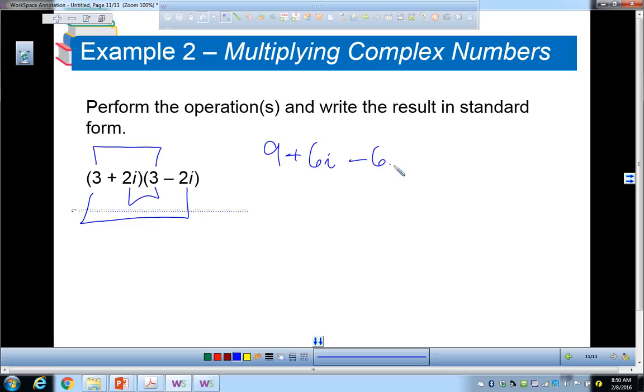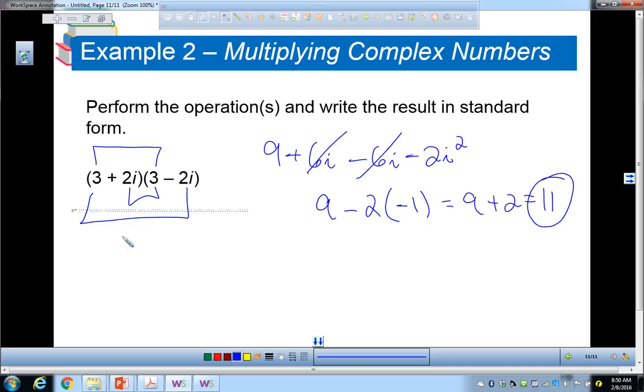So if one is 3 plus 2i and the other thing is 3 minus 2i, the middle part disappears, and then I get minus 2i squared, and then you simplify. And you get 9 minus 2 times what's i squared equal to? Negative 1, which is 9 plus 2, which is 11.